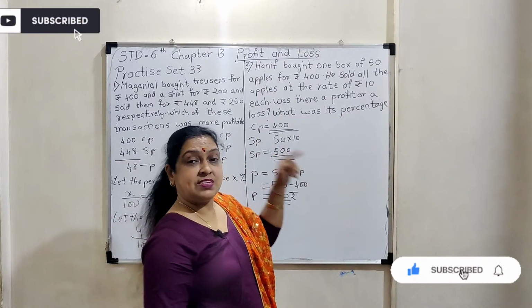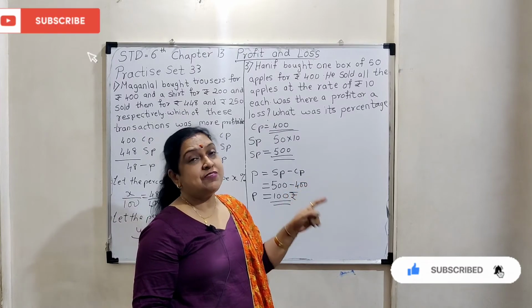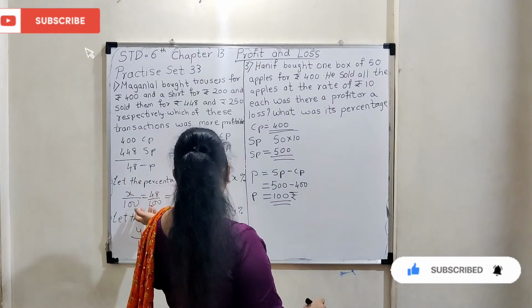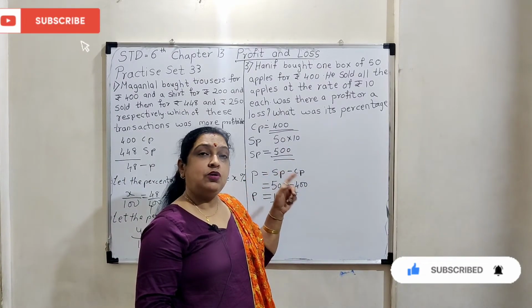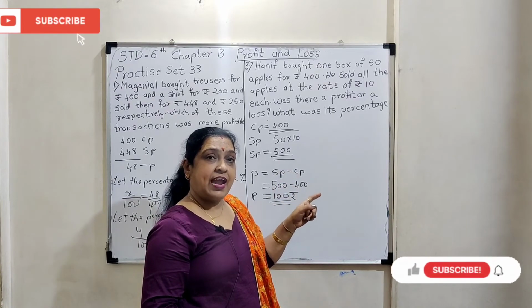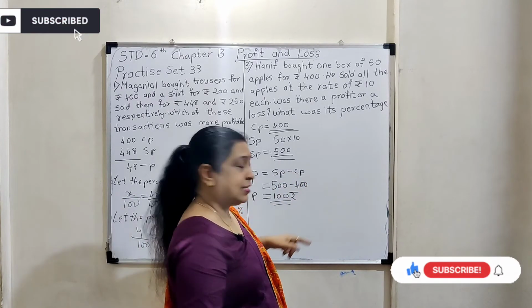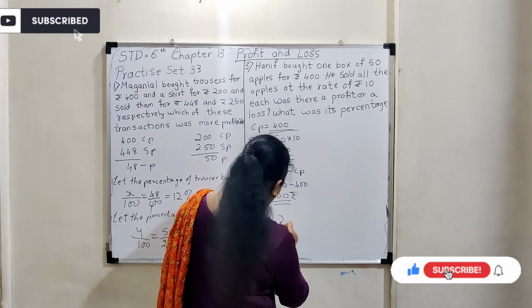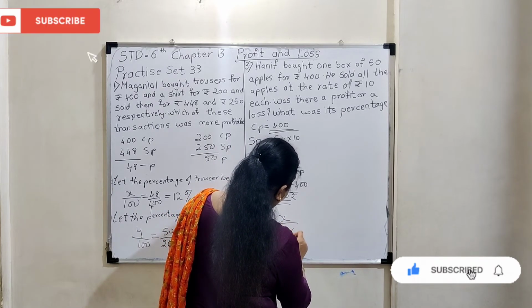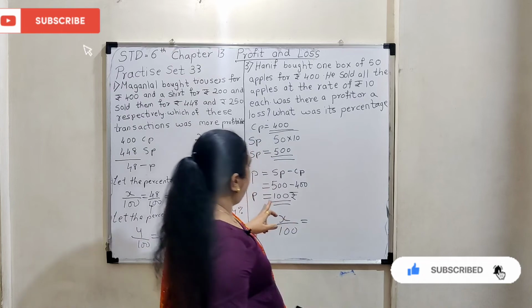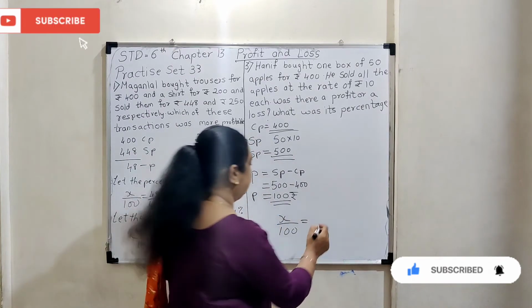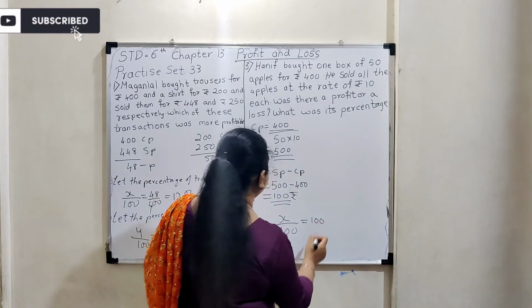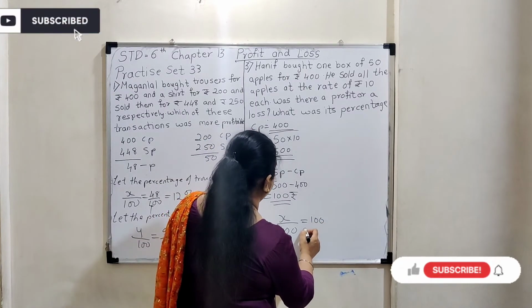What was its percentage? So we have to find out the percentage as we found out earlier. So to find out the percentage, we will write x upon 100 is equal to, how much is the profit? 100. And what was the cost price? 400.